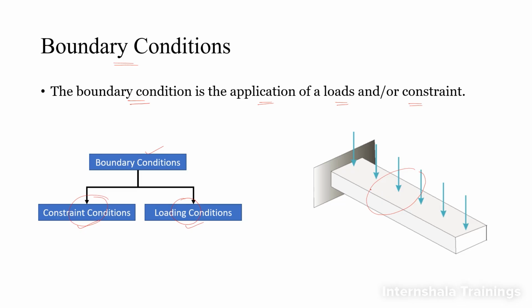For example, here we are going to apply the constraint condition, and to simulate this particular force we are going to use a loading condition, right? So this is what are known as boundary conditions: simply constraining conditions and loading conditions, and using boundary conditions we will try to simulate the environment in which the object is going to operate or stay in.